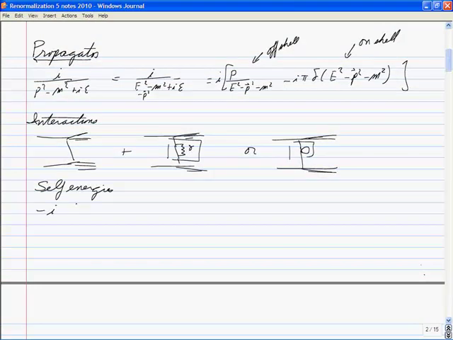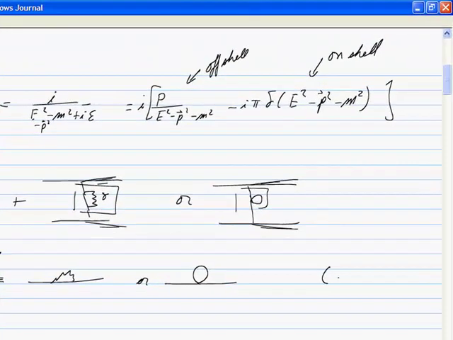So it's called minus I sigma of P, that's the self-energy, and it's defined by the Feynman diagrams that look like that, or look like that. The only thing I would comment is that you drop any external factors. So in other words, if there was a U bar U, you drop the U bar U.